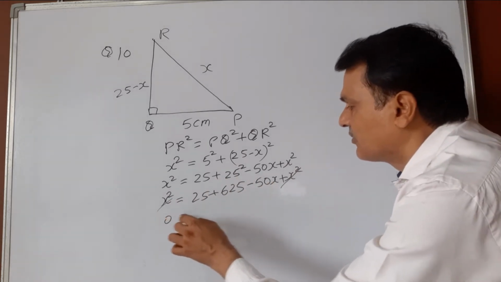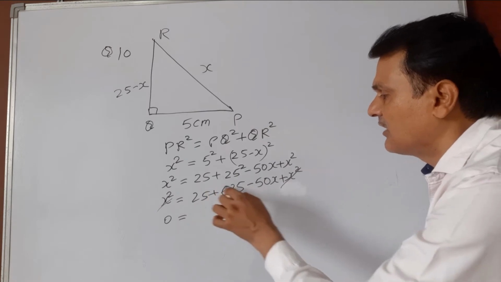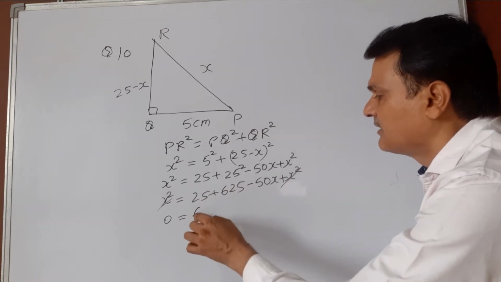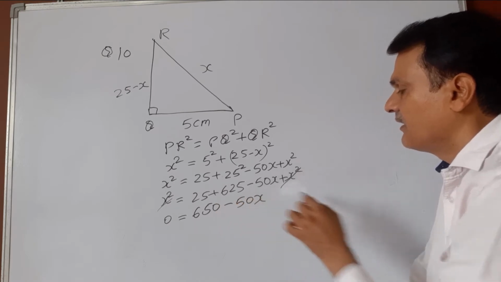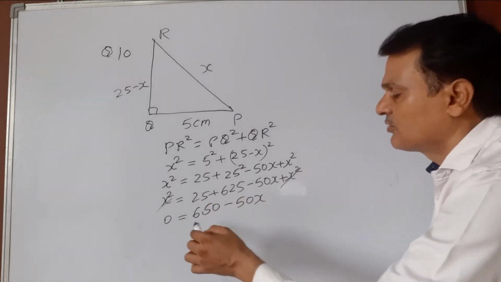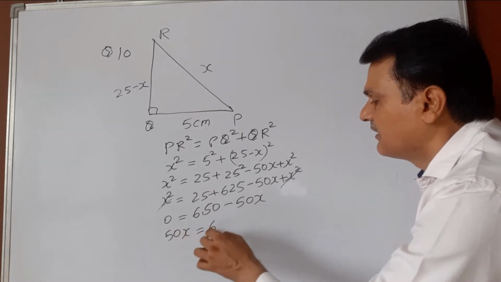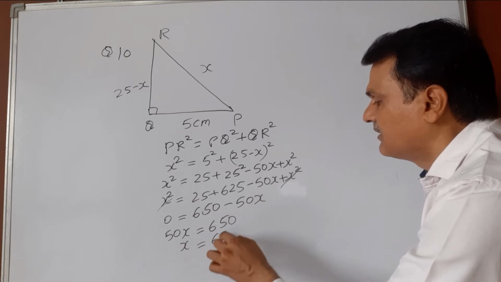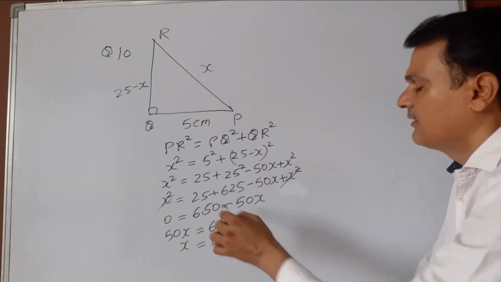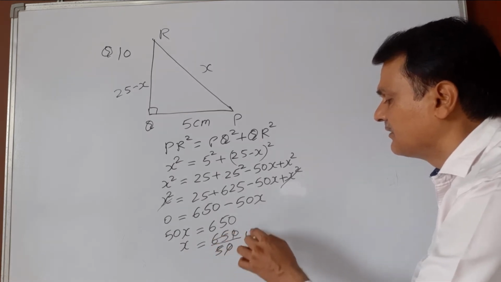We get 0 equal to 625 plus 25, that is 650, minus 50X. And 50X is transposed to the left side, this becomes 50X equal to 650, and we get X equal to 650 upon 50, and hence we get 13.